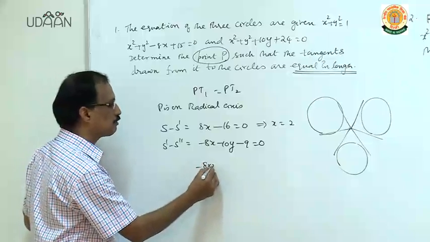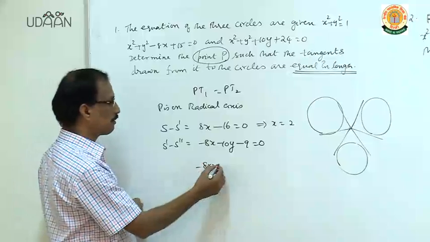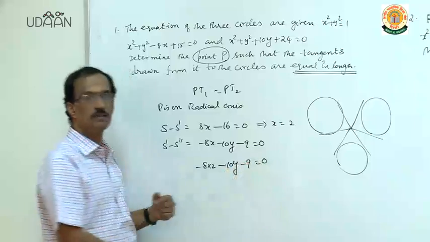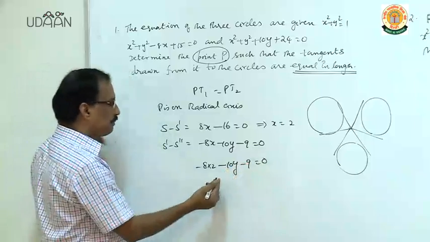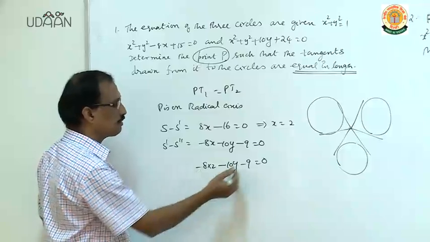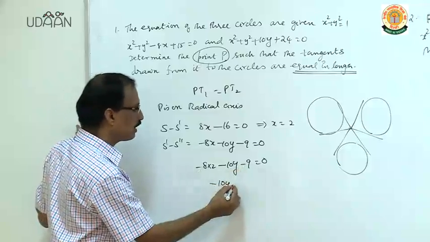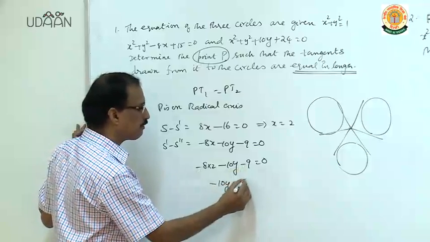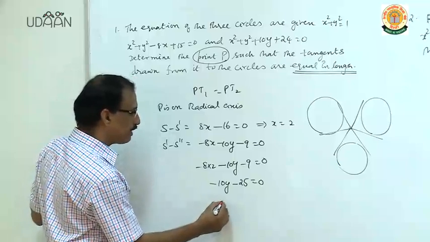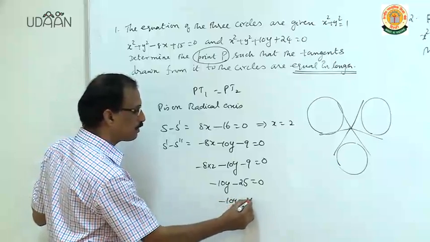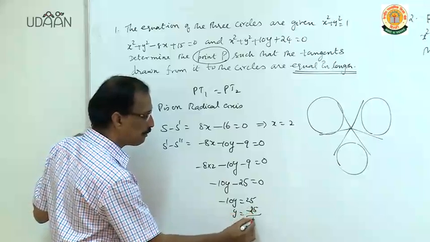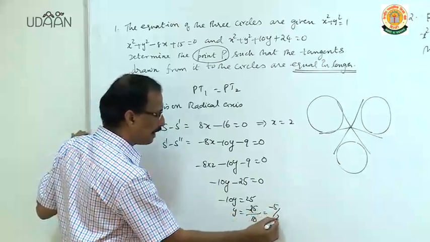Minus 8 into 2 minus 10y minus 9 equal to 0. That means minus 10y, this is minus 16 minus 9, so you get minus 25 equal to 0. So, we get minus 10y equal to 25, y equal to minus 25 by 10, that is minus 5 by 2.